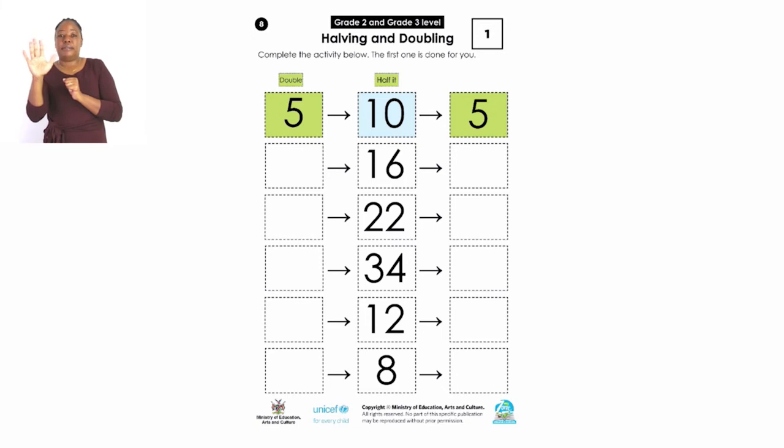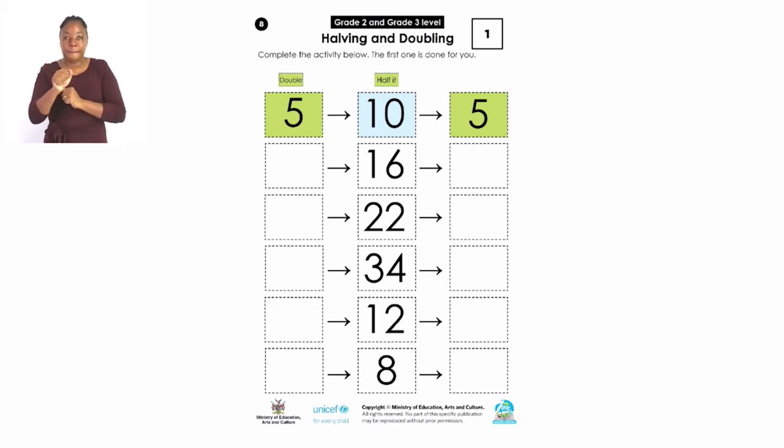Now if we take that same number, 5, and we try to double it, we should be able to get the same answer, which is 10. So half of 10 is 5. And then if you double that 5, you should get 10.